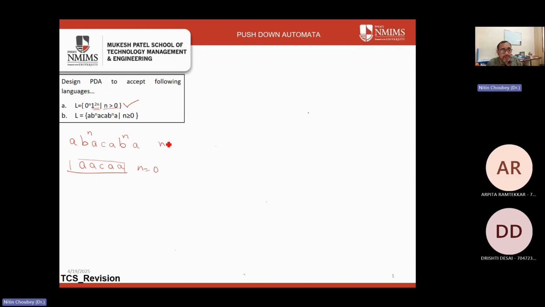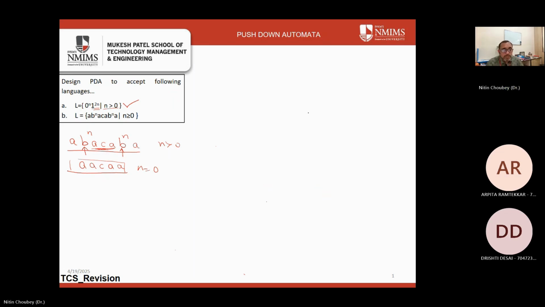Otherwise, for n greater than 0, we have this case. These two things we need to check. And do we have the same number of b's available here as well as here? For that purpose, we'll use a stack just to count how many times b we had earlier to going for ACA, which is nothing but the middle symbol.